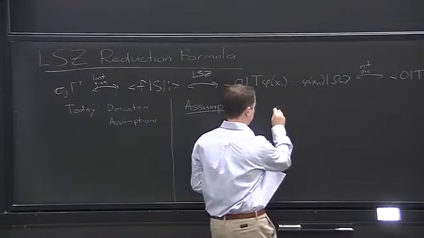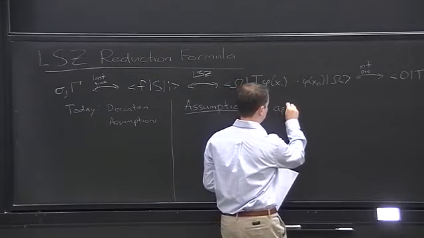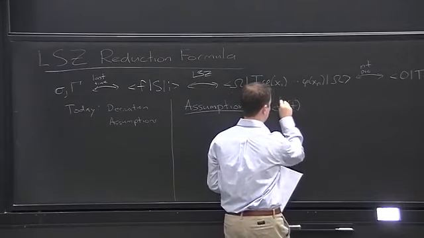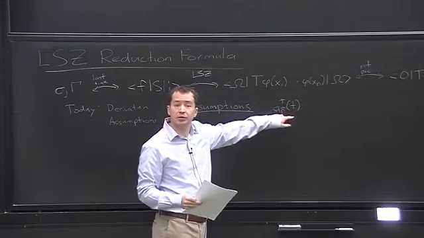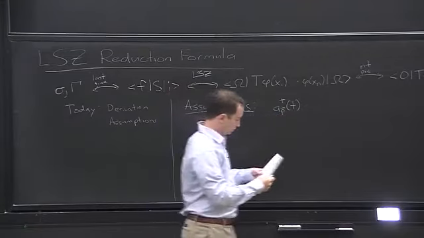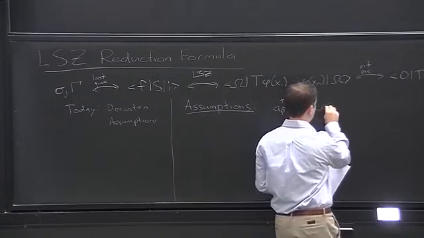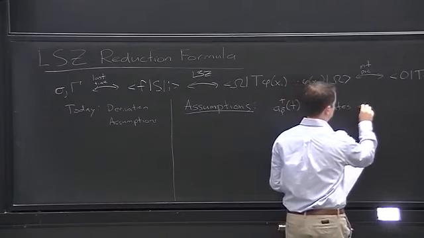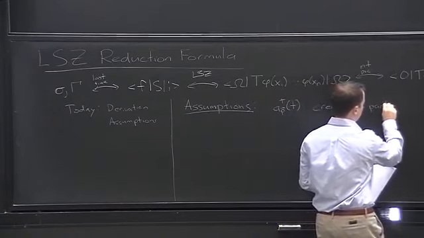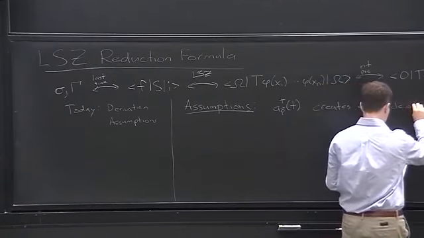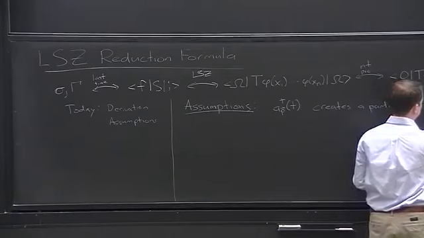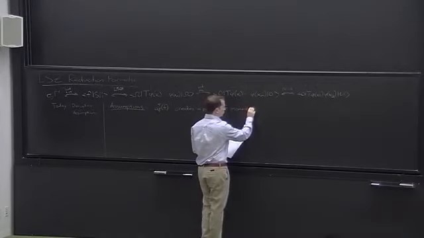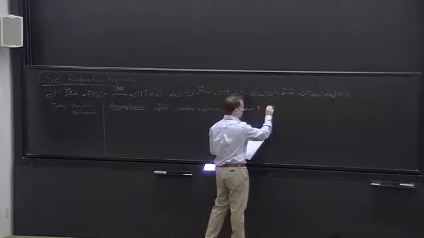Our first assumption is that a_p dagger in the Heisenberg picture in the interacting theory creates a particle of momentum p at time t.